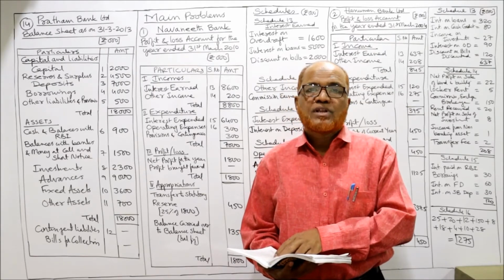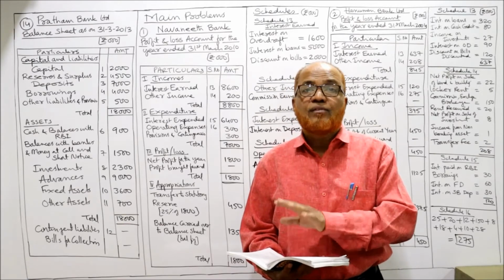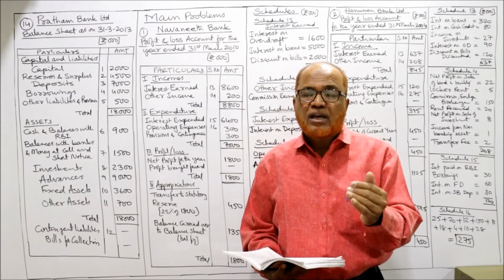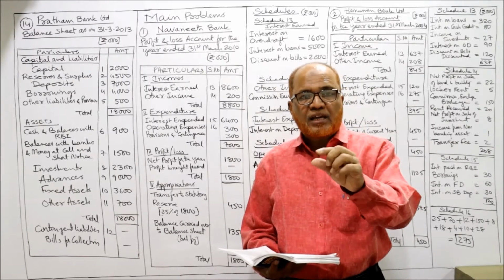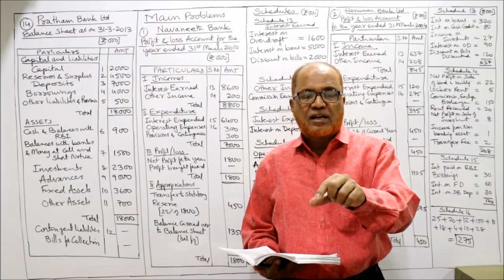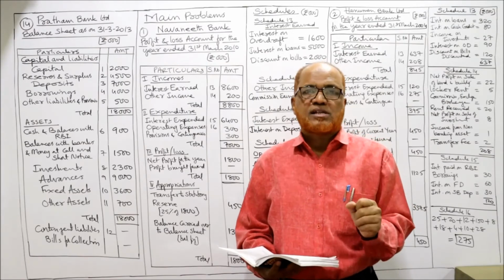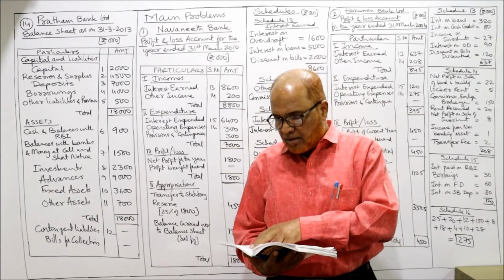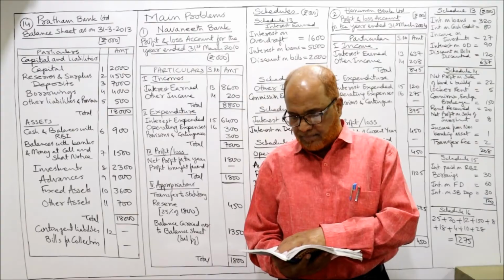Auditor's fee, 16th, operating expenses. Bad debts written off, no schedule. In working notes we write it under provisions and contingencies. That amount, bad debts written off, will be written under provisions and contingencies. Then interest on loans, interest earned 13th.